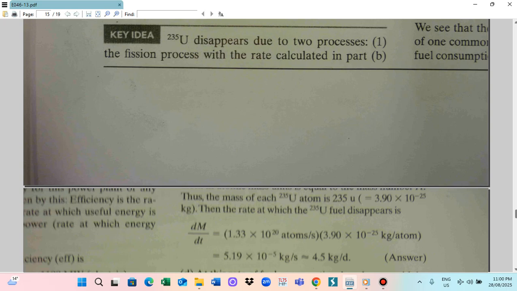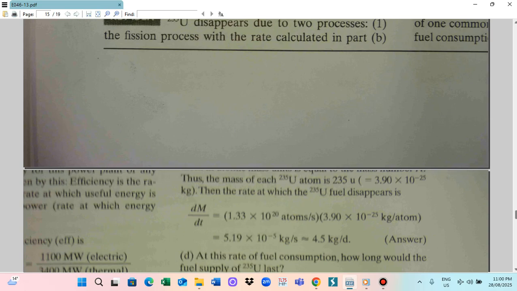By solving this, we get 5.19 times 10 to the power minus 5 kilograms per second. So every second, 5.19 times 10 to the power minus 5 kilograms of the uranium is disappearing and converted to energy.